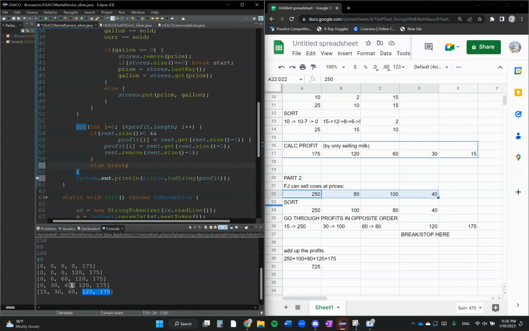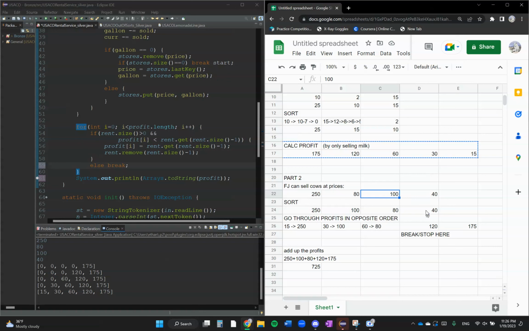Let's say that here it doesn't really make any sense to sell a cow that makes 120 cents for 40 cents.